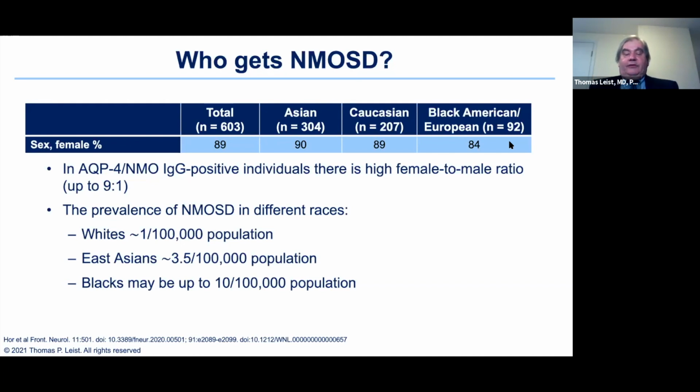If you look at the prevalence in the population, it is a little bit more prevalent in Blacks than Asians, than whites. So you see the distribution over here.